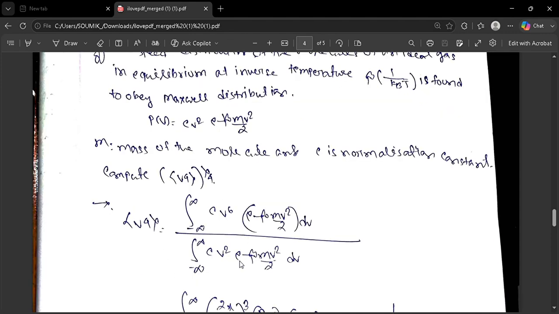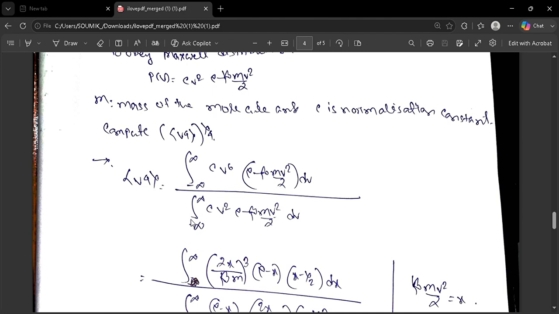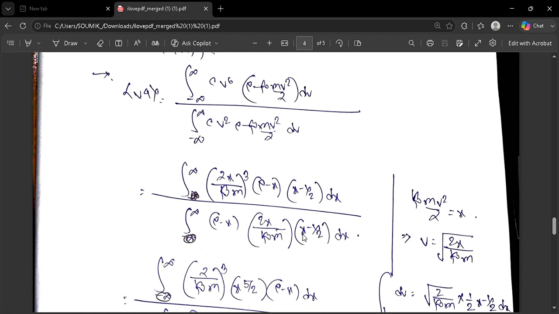To find the average of v to the power 4, as C is the normalization constant, we need to normalize it also. Okay, then we can calculate the expectation value of v to the power 4, which is this. We just need to use gamma function integration: integral from 0 to infinity of e to the power minus x, x to the power n minus 1 dx is equal to gamma n, and gamma n is equal to (n minus 1) factorial.